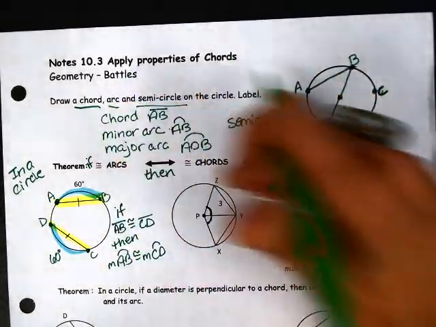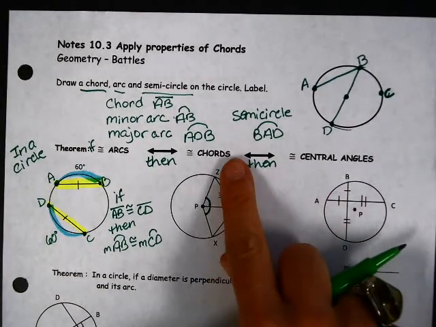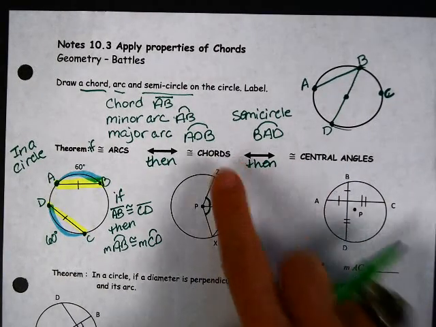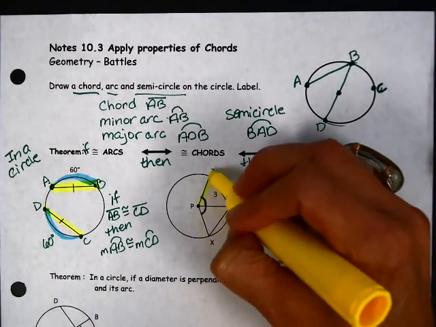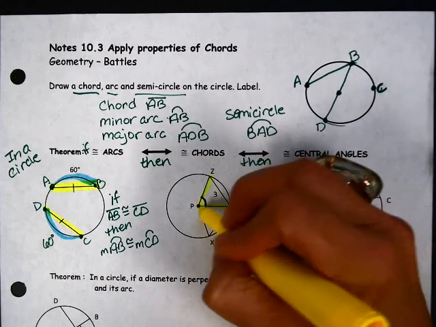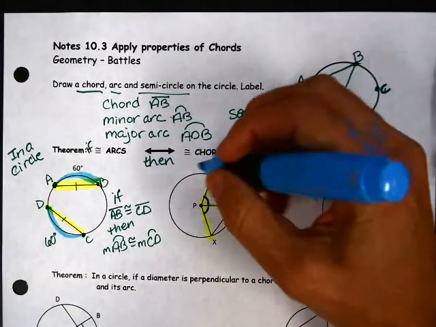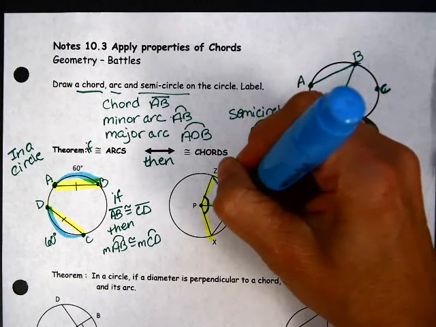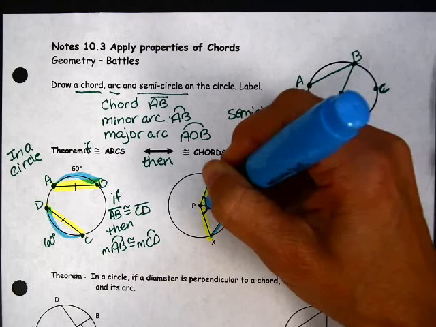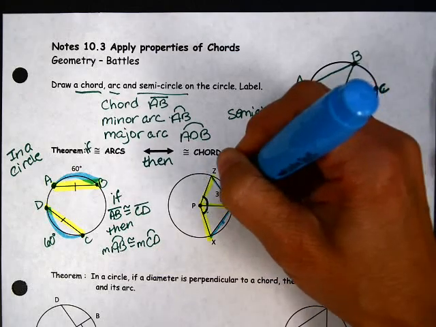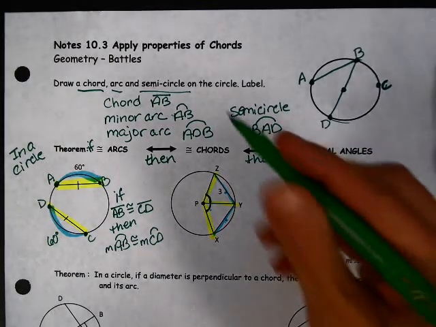Now, according to this theorem, if you have congruent central angles, then you have congruent chords that are created from those angles. So if you look right here, this is a radius, this is a radius, and this is a radius. And they create these chords here and here. So this chord is formed from this central angle, the radii that form that central angle, and this chord is formed from the radii that form that central angle.